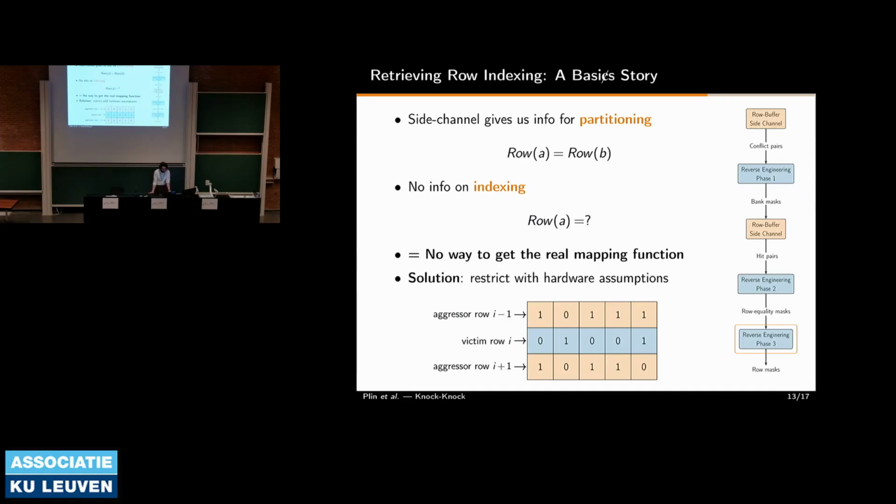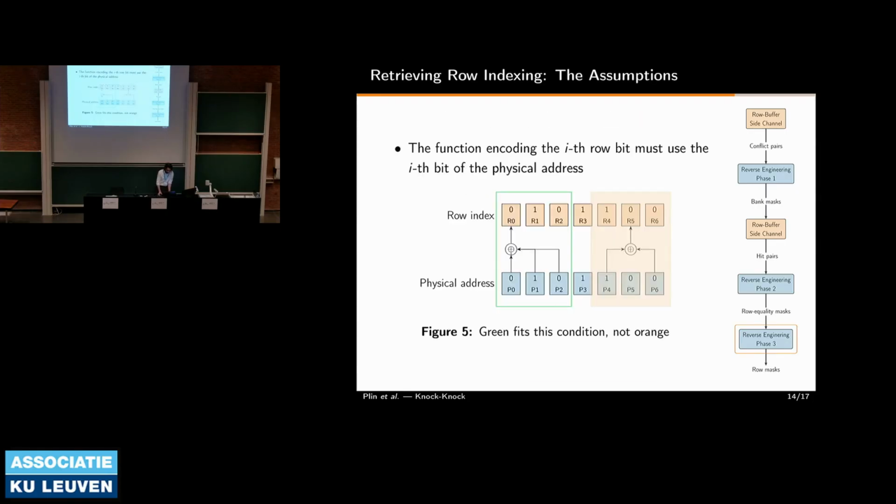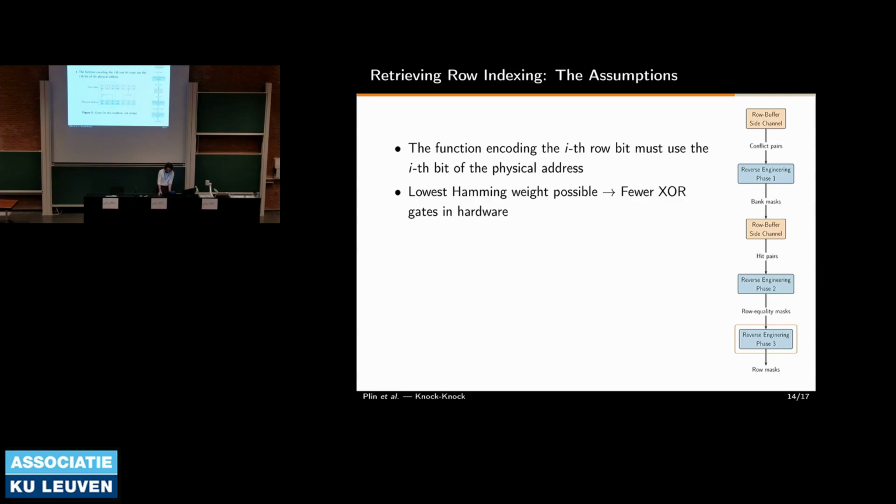So a way to do that is to use our reduced search space that we found from the previous phase and to restrict it using hardware assumptions. So the first one is basically that the bits encoding the row will be put sequentially inside of the physical address. We also assume that the mapping function will try to use as few XOR gates as possible inside of the hardware.